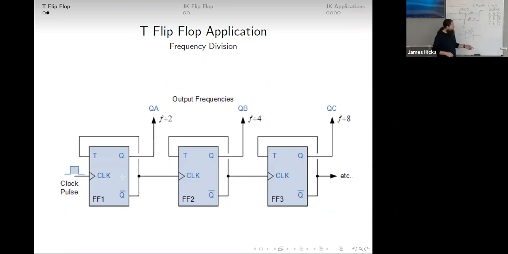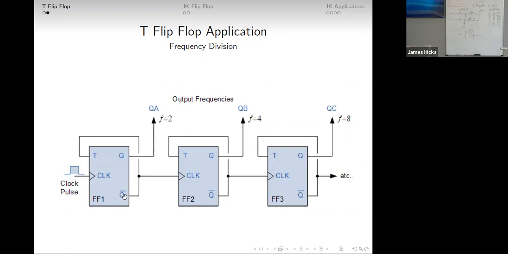Every time this gets clocked, the trick here is that the Q bar output from the first toggle gate goes back into the T input.